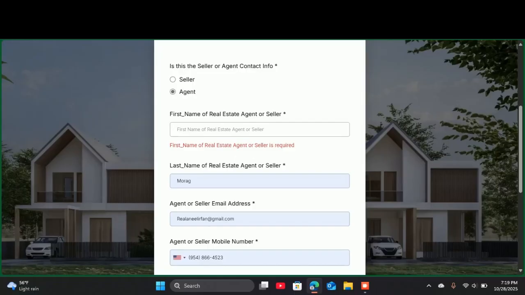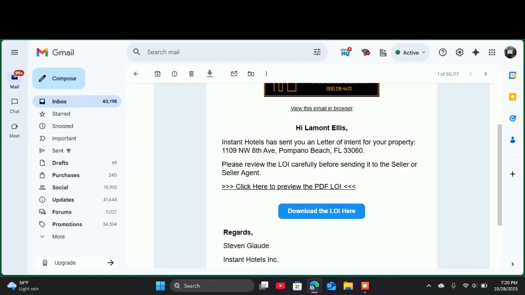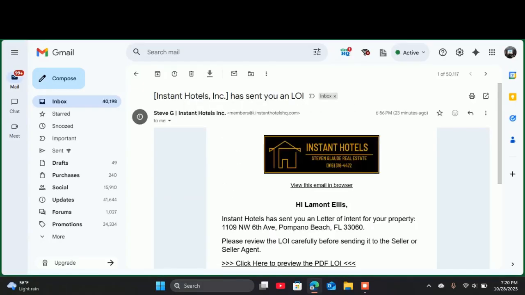Damn, it didn't save everything. Oh, it did. Perfect. I was about to say, damn, it didn't save everything. That sucks.